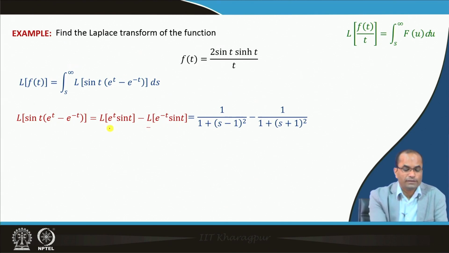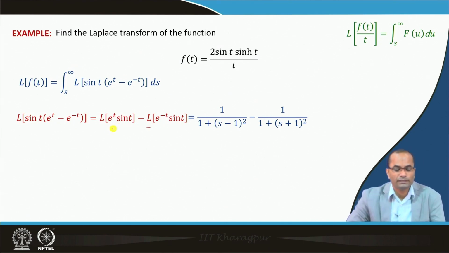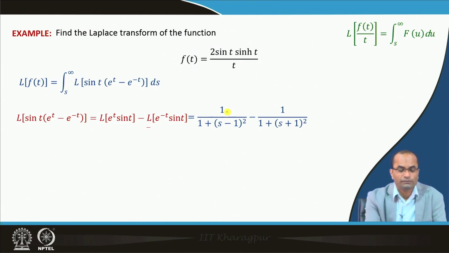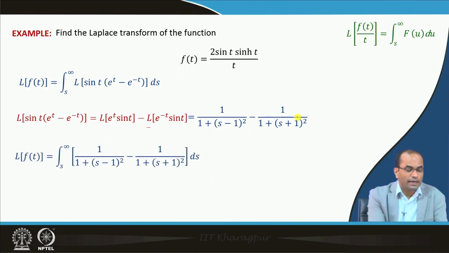Here in both places we can use these properties. So, we have 1 over 1 plus (s minus 1) squared, minus 1 over 1 plus (s plus 1) squared, and here we have the Laplace of f(t) then, which is given already there.